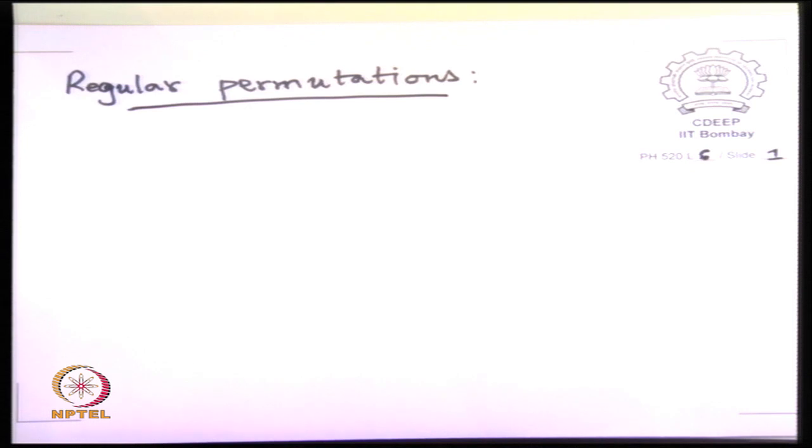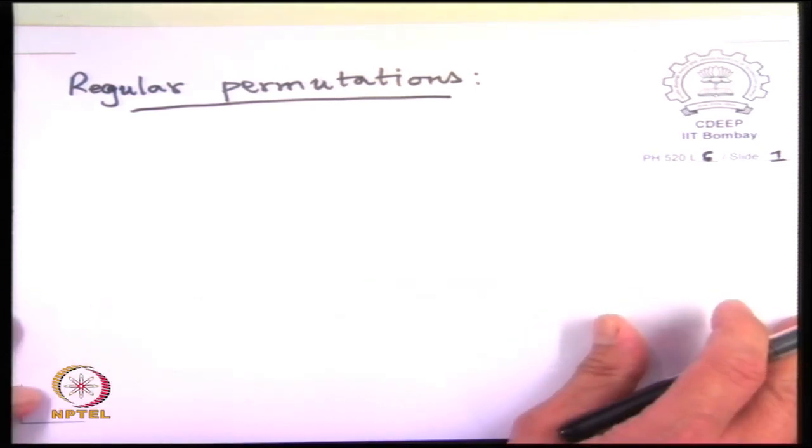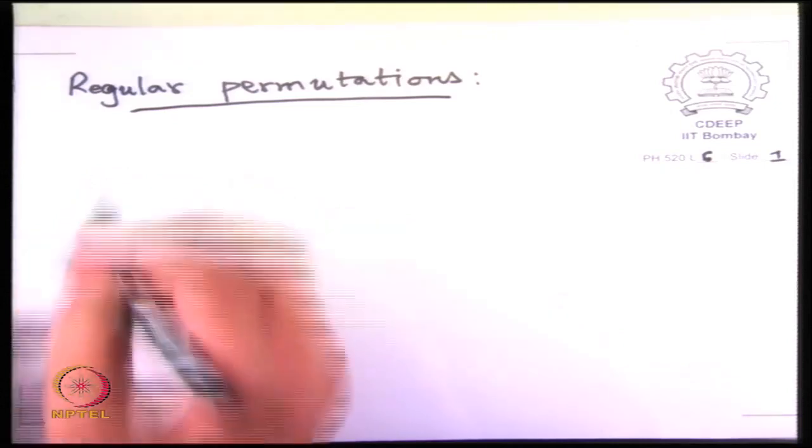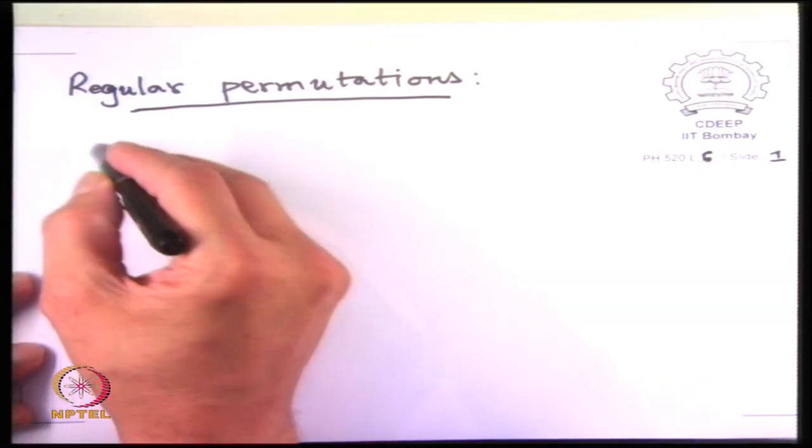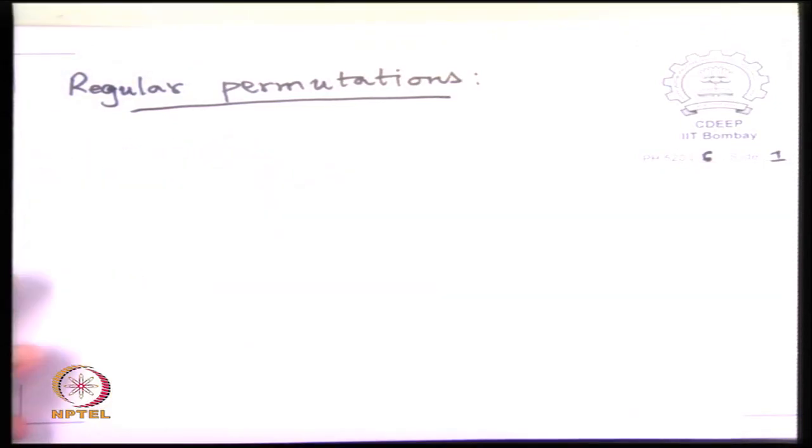Just because you call something regular doesn't suggest any property, but you just think about it and see why this is important. So this has to do with embedding of the group of order n into Sn. Okay.